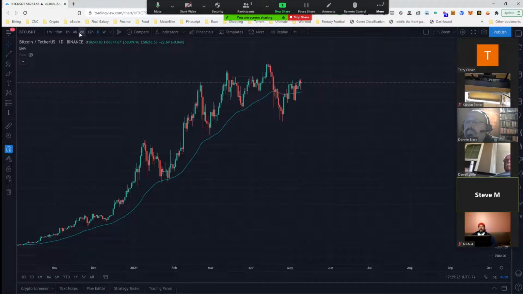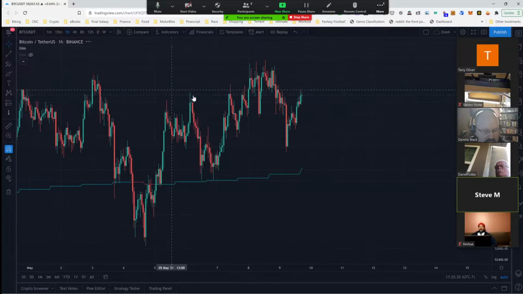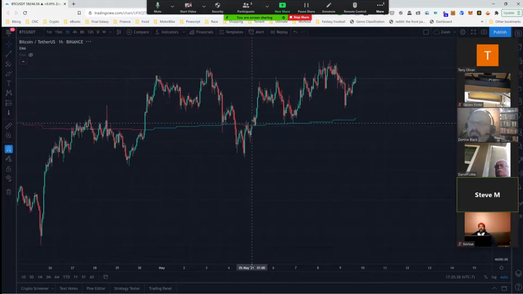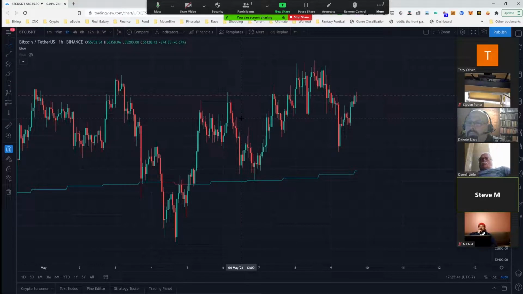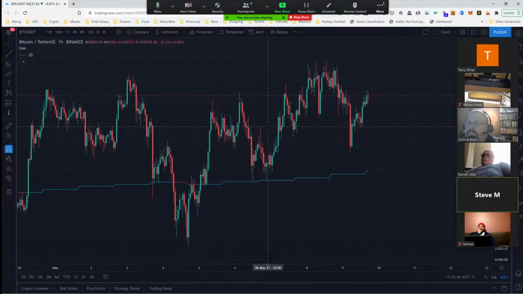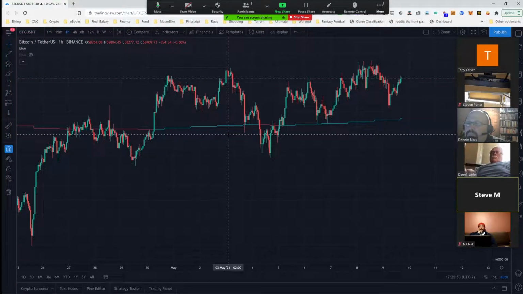So then you'll move down to whatever time frame it is that you want to trade on. And when I say that, you want to analyze the charts looking at one particular time frame and just make a trade on that time frame, because things can look different on different time frames.